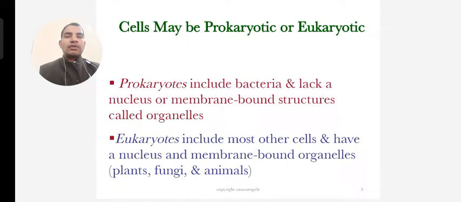Now, cells are of two types: prokaryotic cells and eukaryotic cells. Prokaryotic cells include bacteria and viruses. They do not have a nucleus or membrane-bound structures called organelles.